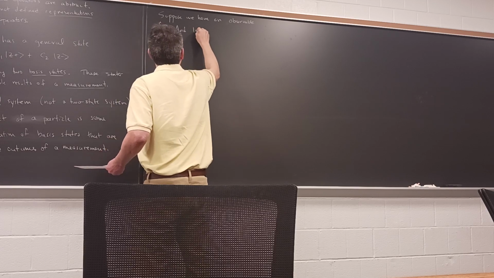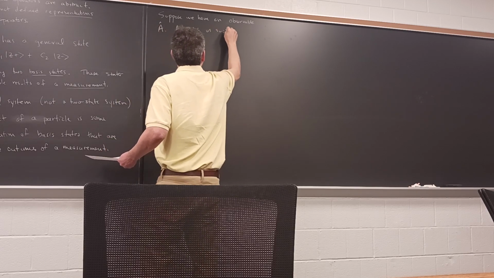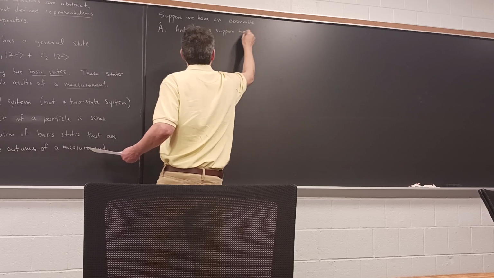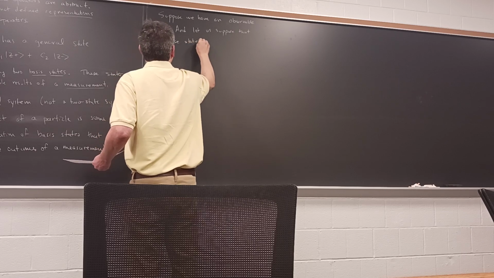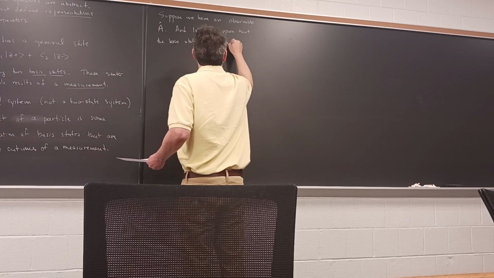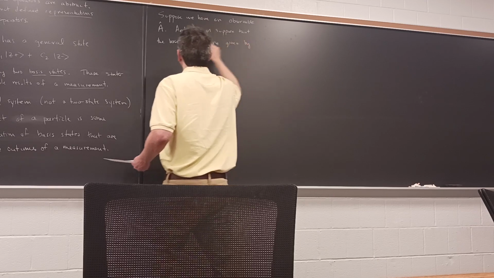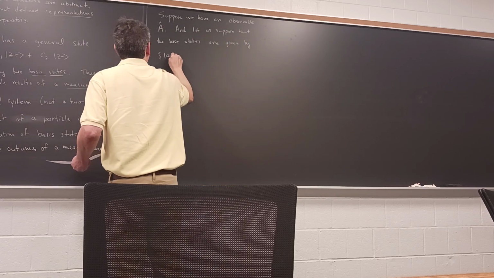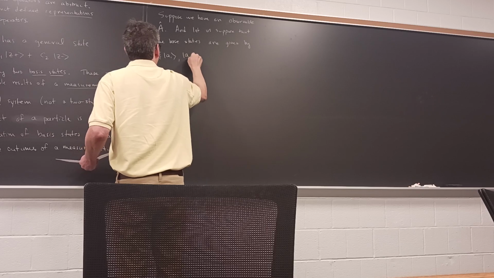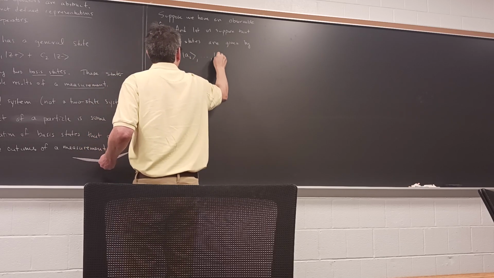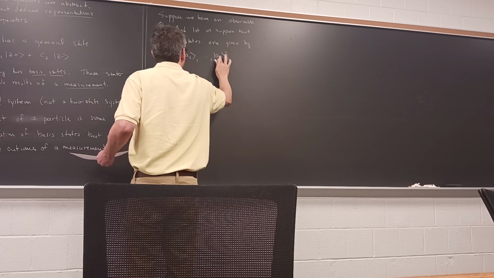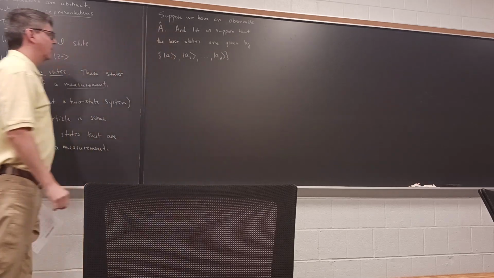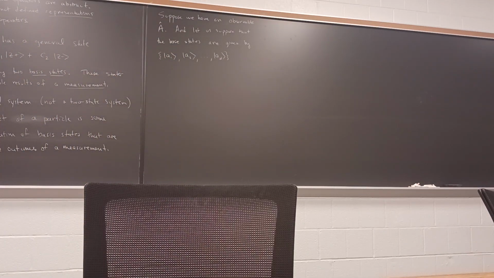And let's suppose that the base states are given by a collection, so we can call it A1, A2, up to AN. Okay, so this means that there are capital N possible outcomes of a measurement.